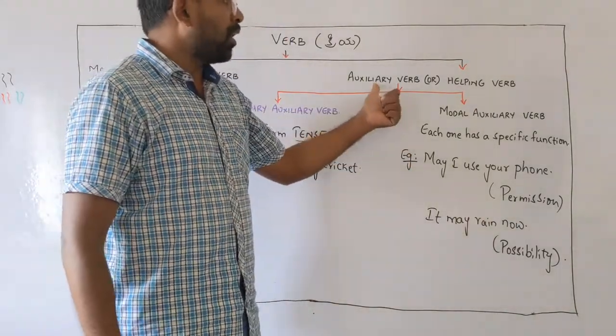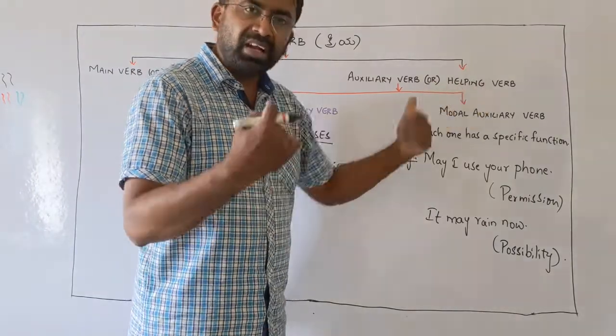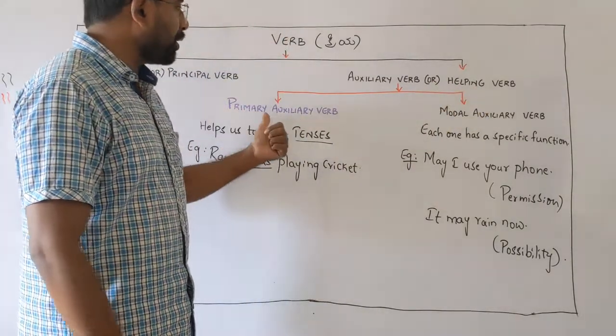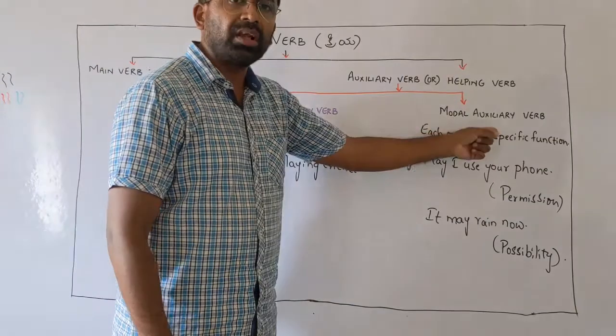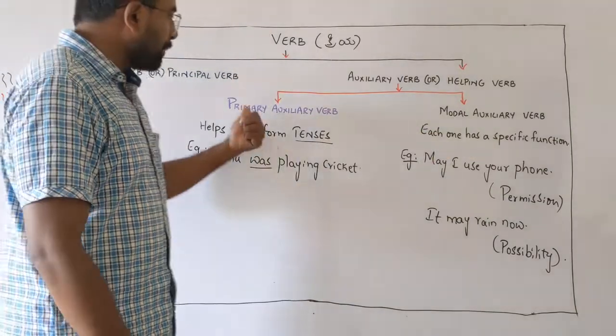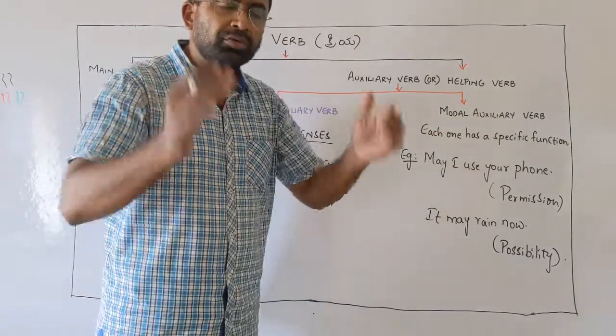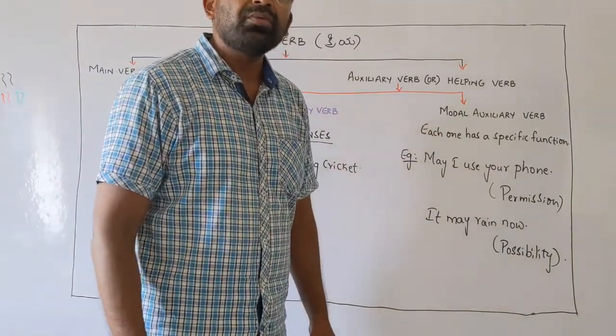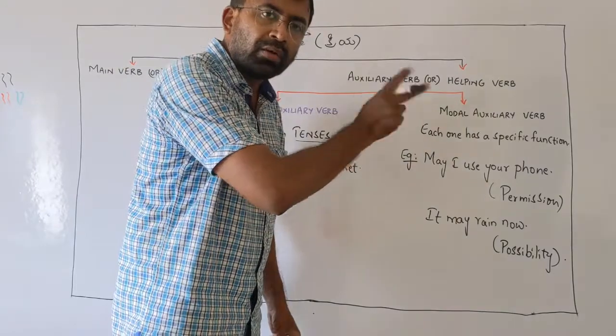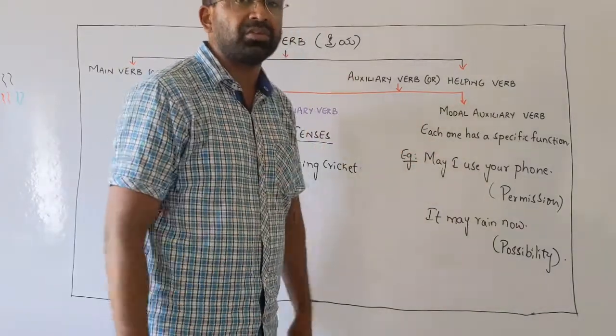The auxiliary verb or helping verb is again divided into two types: primary auxiliary verb and modal auxiliary verb. It sounds good, but most of us fail to realize that both of them have different functions.